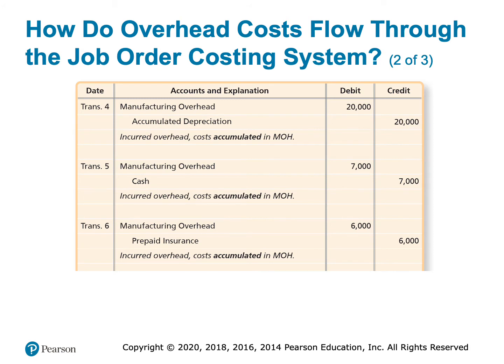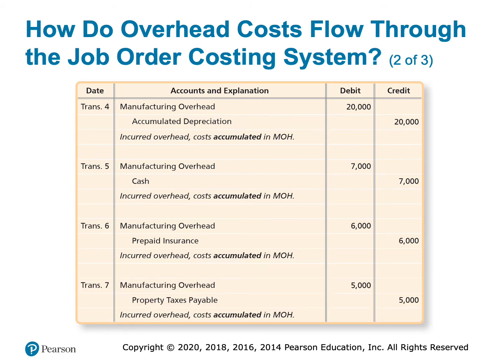Now normally we would debit property tax expense, credit property taxes payable. But since this is property taxes on the factory, we can't debit an expense, we have to debit an asset. So we're going to debit overhead and credit property taxes payable. So now we've got 4 debits to our overhead accounts. As you post those to your overhead T account, you'll have 4 different debits that go into that.